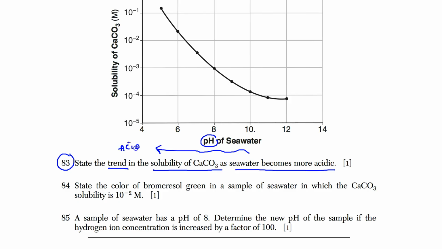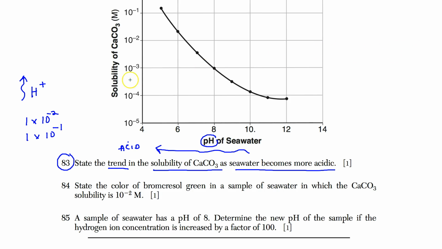If we're going to have more H pluses in solution, which really drives acidity, that means I'm going to have a greater number of them. For instance, if I have a 1 times 10 to the negative 2 molar solution, now it's small, and I increase it 10 times, it becomes 1 times 10 to the negative 1.